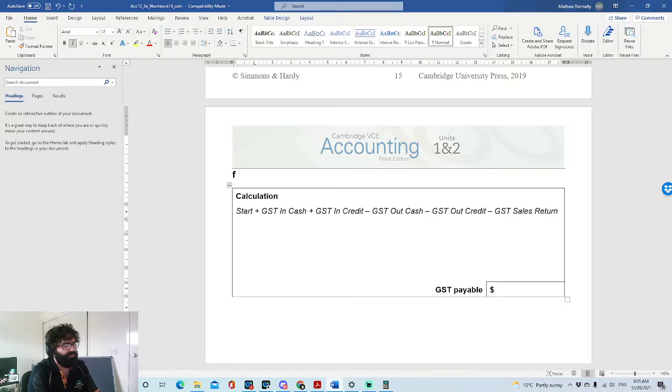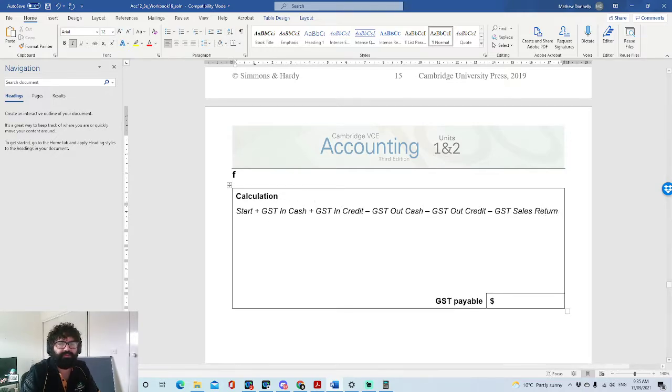I'm just gonna, oh no, it does fit. So let's put those numbers in. I'm gonna start with just the credit sales, and I'm just gonna be using some placeholder numbers. So the credit sales were 40,000, then you got to add the GST, which makes it 4,000. Then that's our cash, and this will be our credit, which was 15,000 plus GST, makes it 1,500.